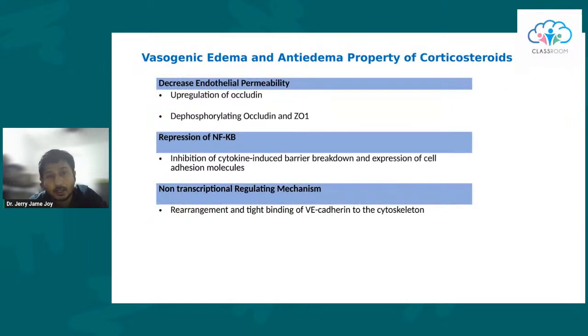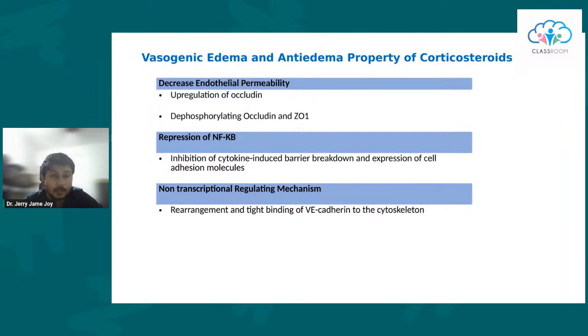So how do dexamethasone or corticosteroids decrease the vasogenic edema? Multiple mechanisms are there. It decreases endothelial permeability by upregulation of occludin and dephosphorylating occludin and zona occludens 1, thereby strengthening the endothelial membrane.